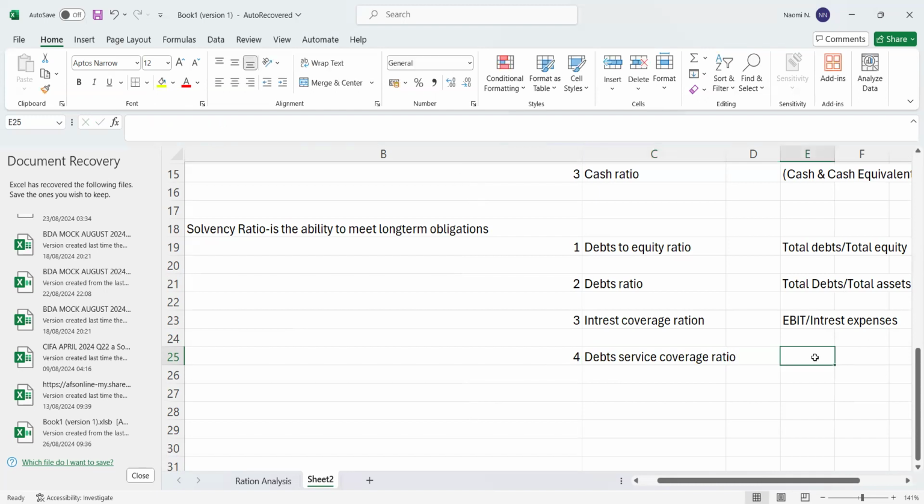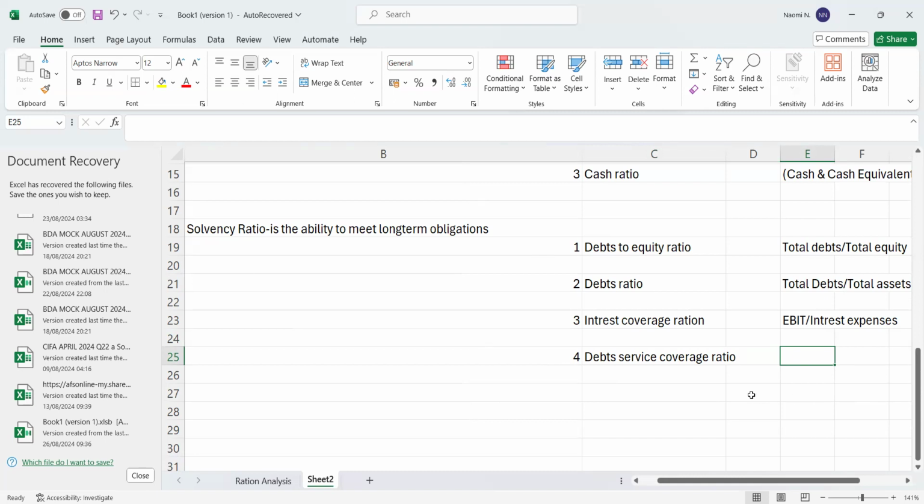This one evaluates the company's ability to meet its long-term debts and pay their interest, and it includes both the principal and the interest payments.